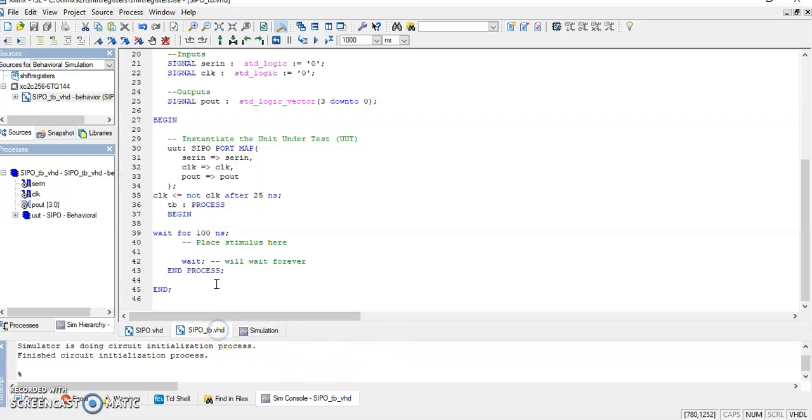So after say 200 nanoseconds, I'm going to give my serial data, SERIN, serial input data, as 1, and we'll verify.